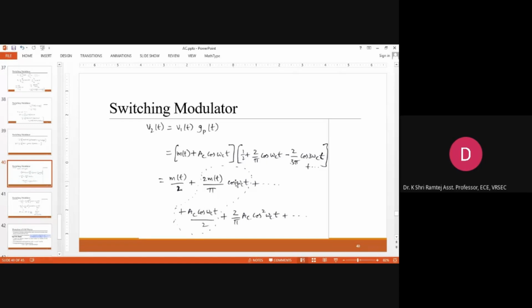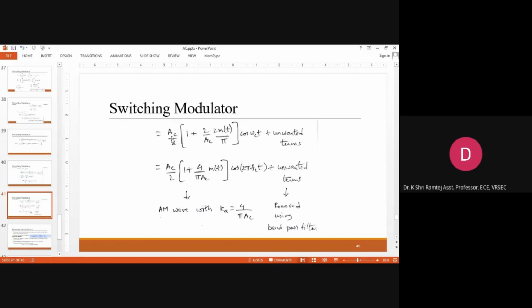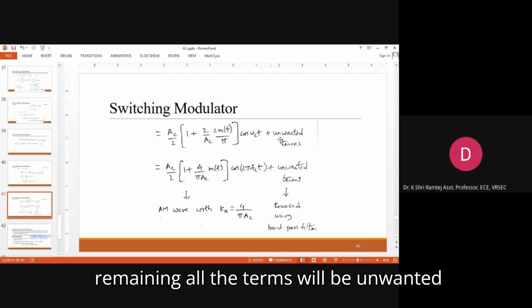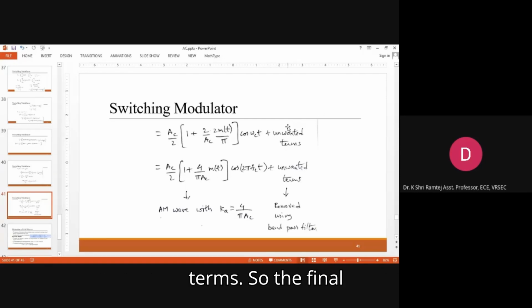Since cos omega ct is already there in this term, but Ac by 2 is not there, you can multiply it with 2 by Ac. So it will be Ac by 2 into 1 plus 2 by Ac times 2 m of t by pi, into cos omega ct, plus the remaining terms, which will be unwanted terms.